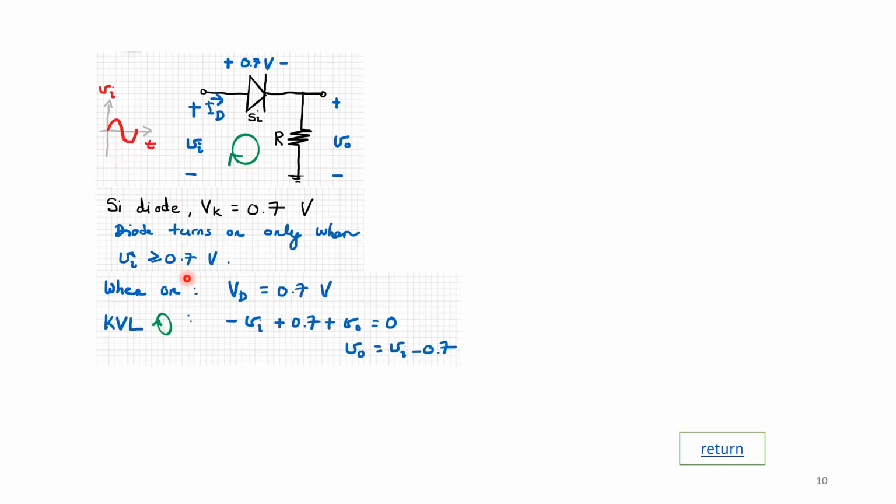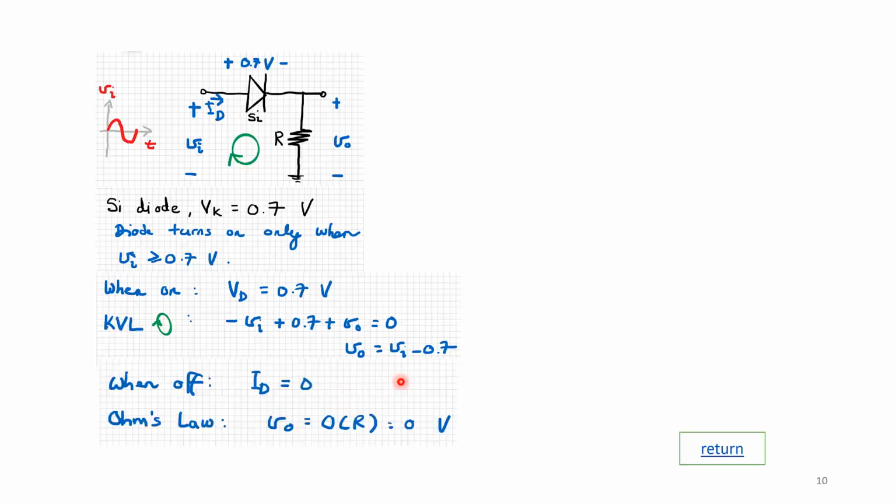So when it is on, VD becomes 0.7 volts, and when we do KVL around this loop, we will get negative Vin plus 0.7 plus Vout equals 0. So Vout is now no longer equal to just Vin, but Vout equals Vin minus 0.7.